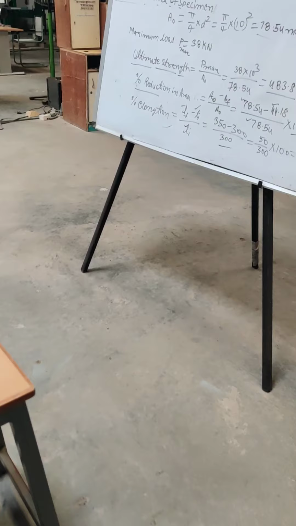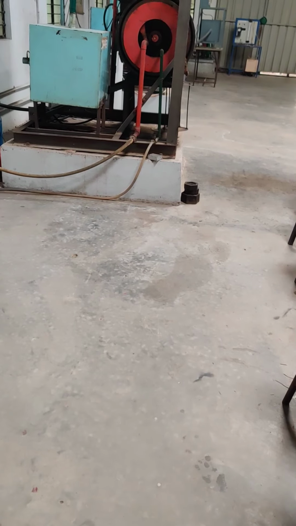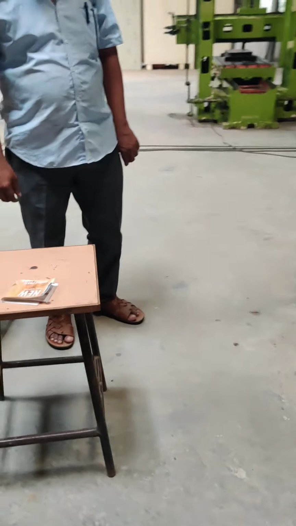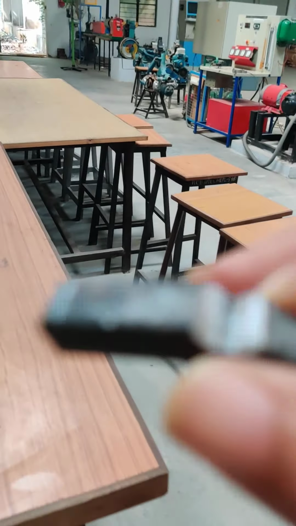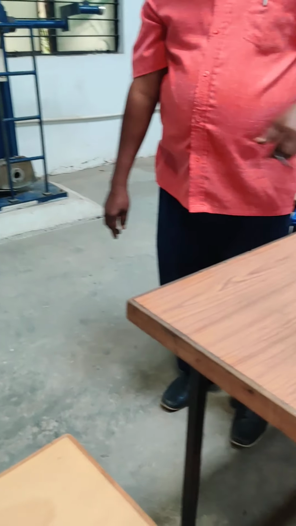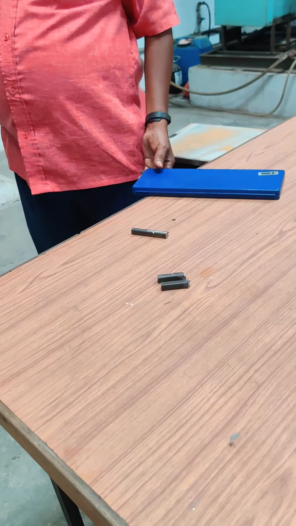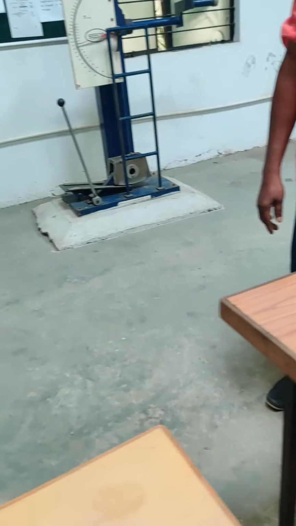So 93 divided by 10 into 10, 100, so 0.93 joule per mm square. So 0.93 joule per mm square is the energy absorbed by this specimen, and you have to calculate what is your result: 0.93 joule per mm square energy is absorbed by the IZOD specimen.